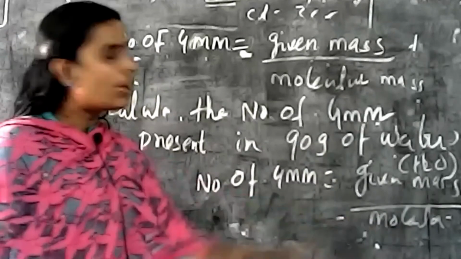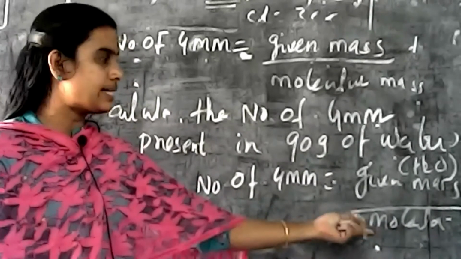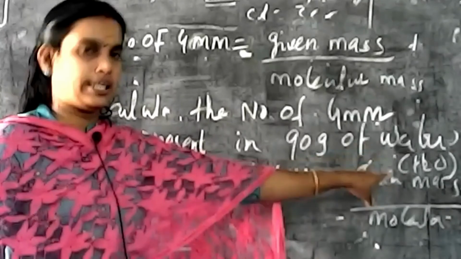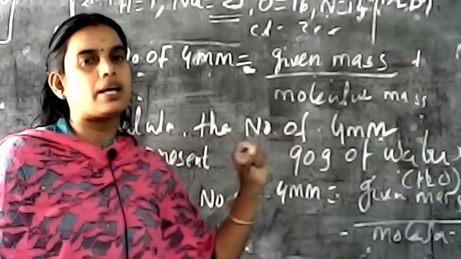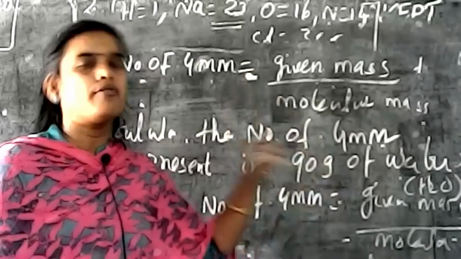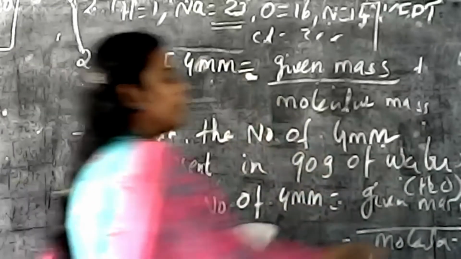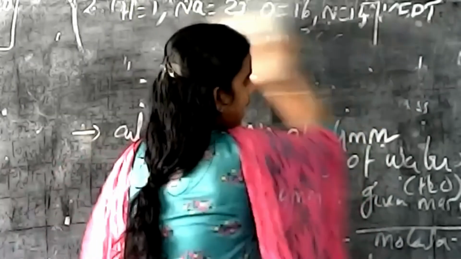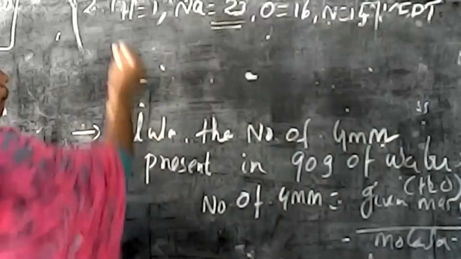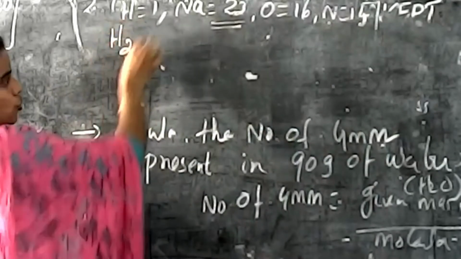Then what about molecular mass? Which element is taken as the molecular mass here? Water. So first of all, we have to find out the molecular mass of water. Then only we can substitute this value. So on this side, we can calculate the molecular mass of water, H2O.